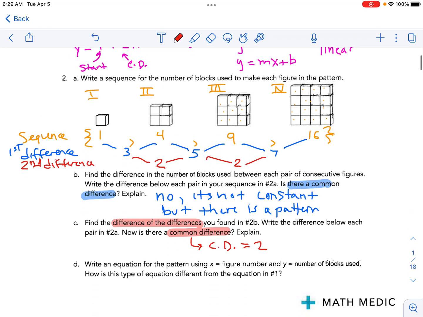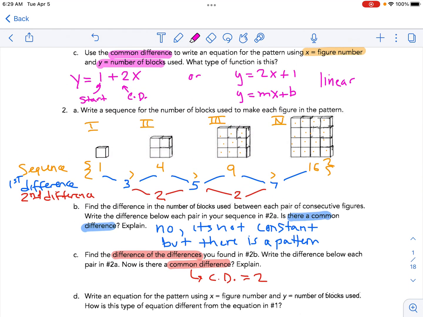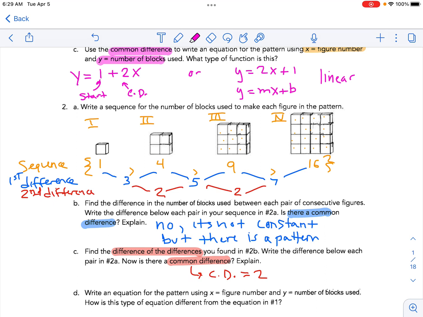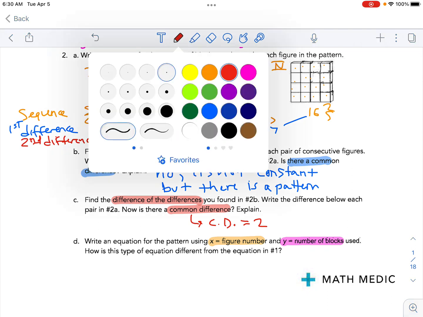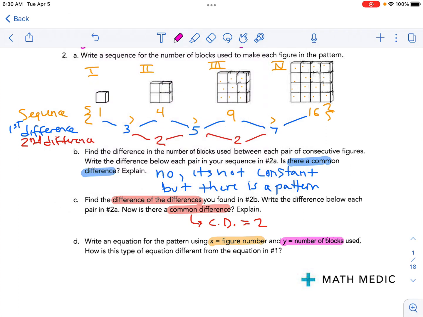And so let's see if we can see a pattern now in the blocks. So we're going to look for a pattern now, where y is the number of blocks and x is the figure number. And so 1, 4, 9, and 16, if we look at those numbers compared to the figure number, right?